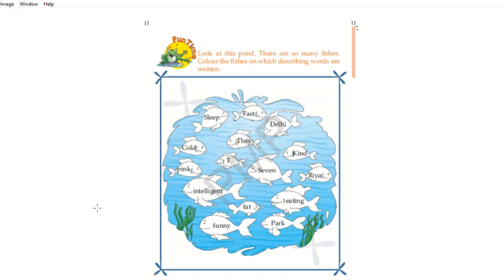It is fun time at page number 46. Look at this pond. There are so many fishes. Color the fishes on which describing words are written. So let's start finding the fishes on which describing words are written.